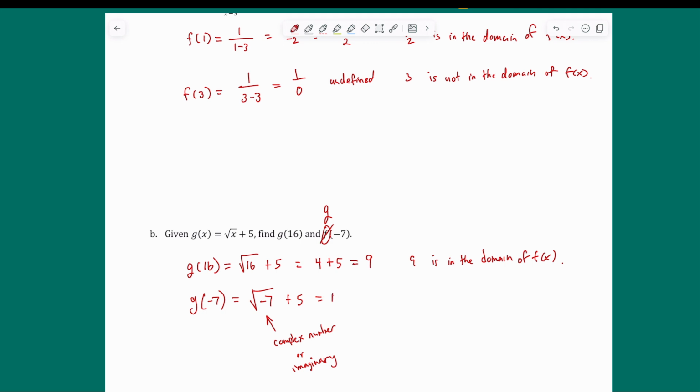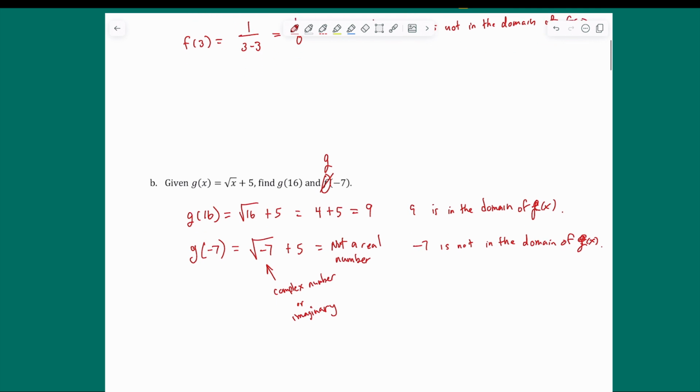So this is not a real value. Okay, and so negative 7 is not in the domain of f of x, or in this case, sorry, g of x. I have the habit of always calling a function by f of x.